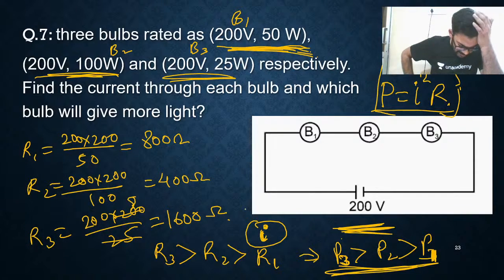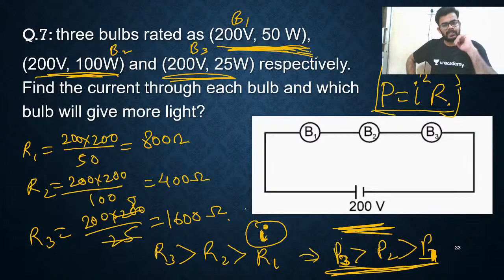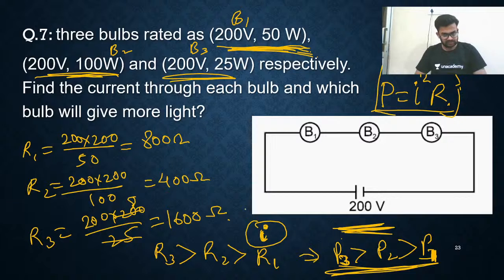Hey guys, why have all of you given second bulb, my dear? Third will be. Come on, give me the answer. Bulb number 3. Very good. So bulb number 3 has more resistance.